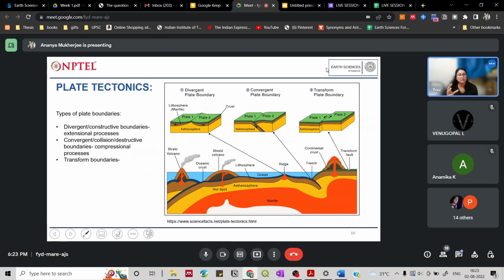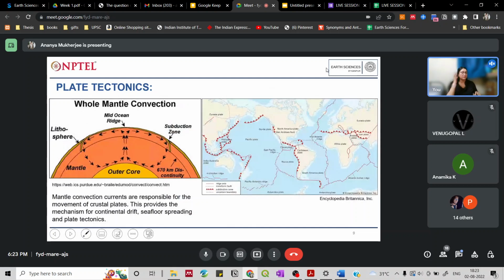That gave rise to the continental drift theory. The continental drift theory was given by Alfred Wegener, and the mantle convection currents and plate tectonics have been derived from it.